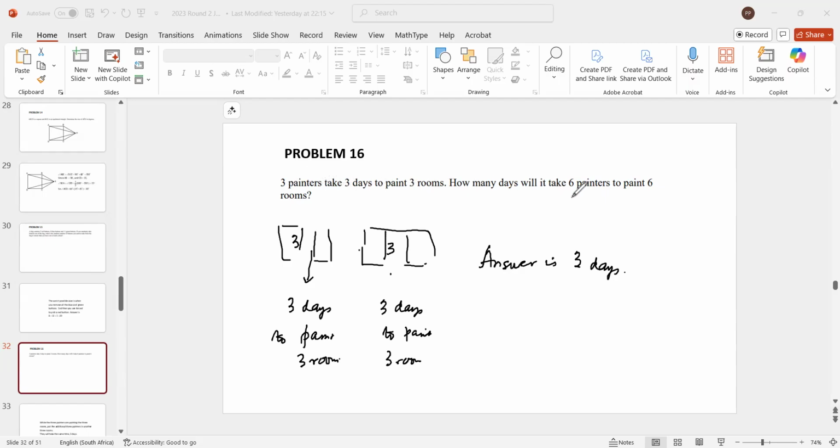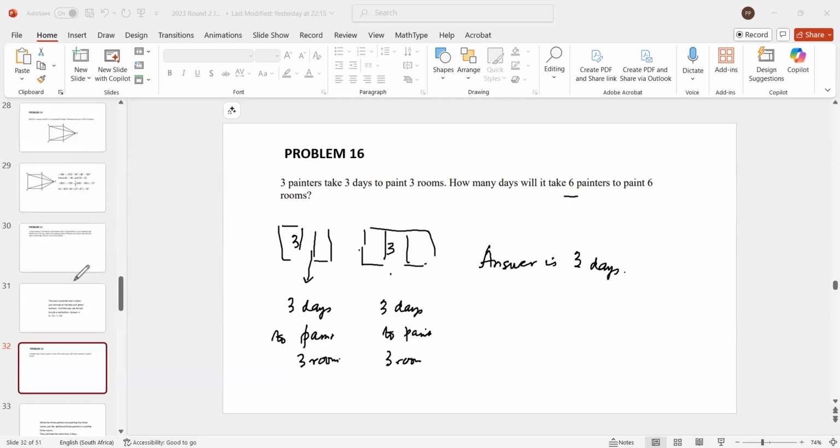So 6 painters, this is a question, will paint only half a room, because 3 people will paint a whole room. 6 people will do it in half the time. So they'll paint half a room. So therefore, if you got 6 rooms, it will be 6 halves, which is 3 days.